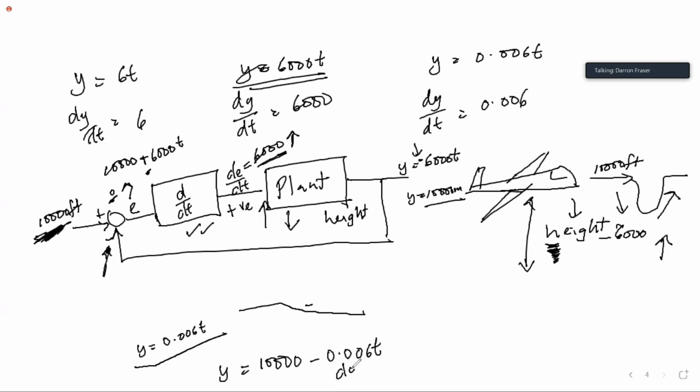And then my dy by dt will be equal to negative 0.006. So in other words, it's going to gently carry back down. So what I want to make the point is that when there's a rapid change, there's a rapid response to put it back. So if the thing is dropping at a rapid rate, there's a big response to push it back to where it was, to counter it. Now, if there's a small change, then there's a small counter for it.